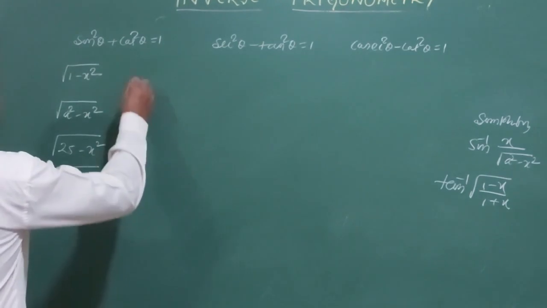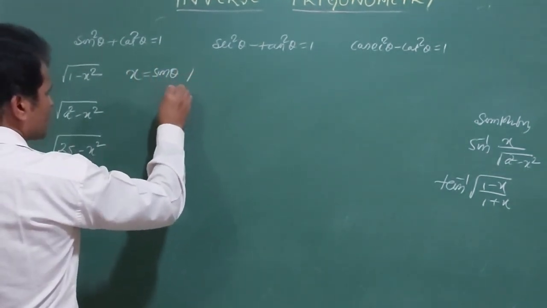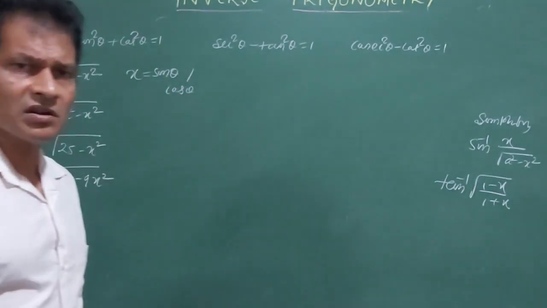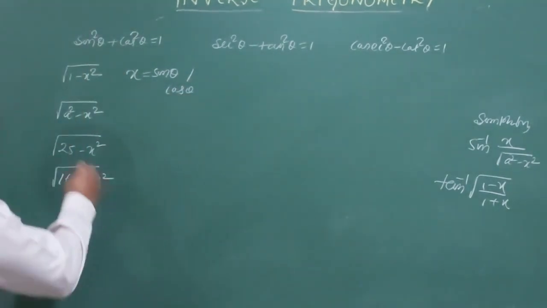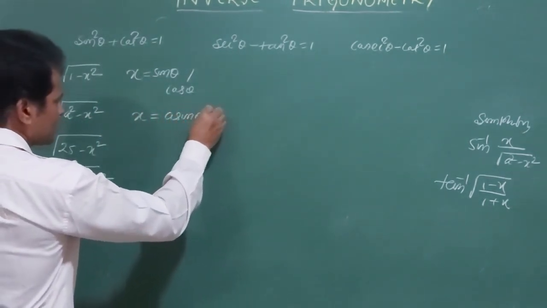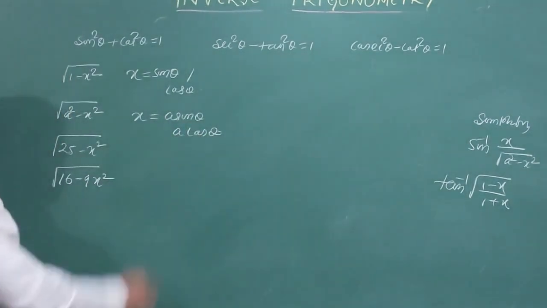So I'll assume x is equal to sin theta or cos theta. Then what about here? x is equal to a sin theta or a cos theta.